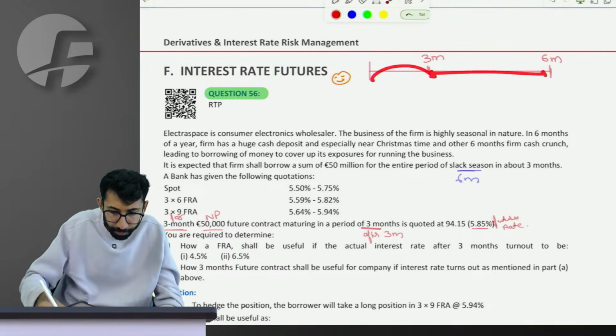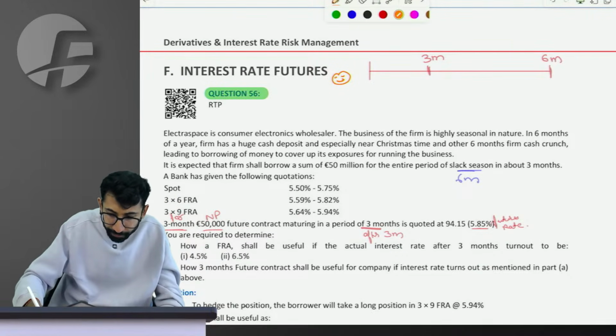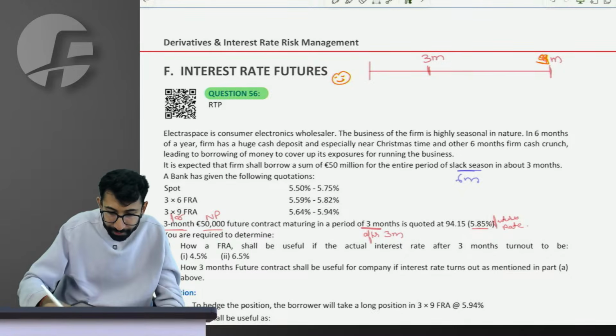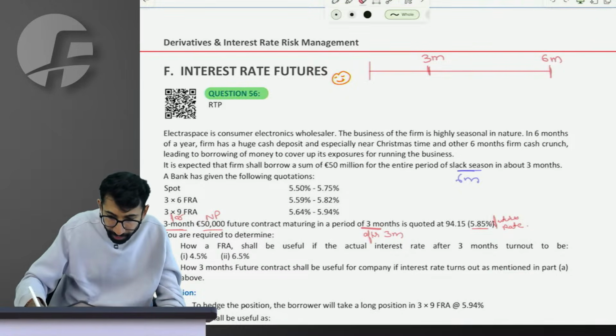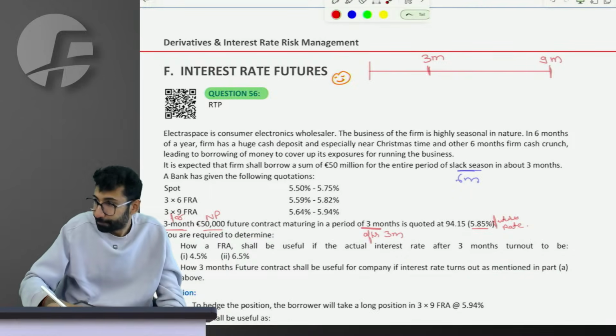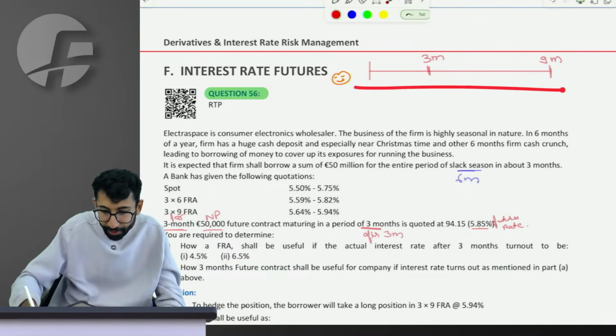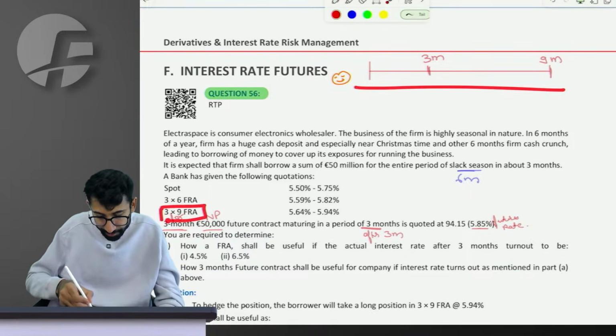After 3 months, for a period of 6 months, is actually the 3/9 FRA, if you realize. So the relevant FRA is this.